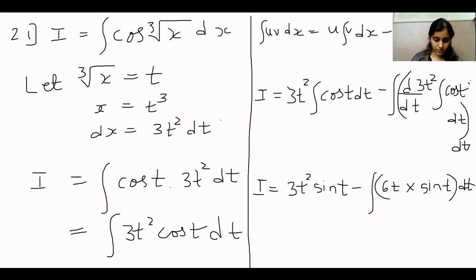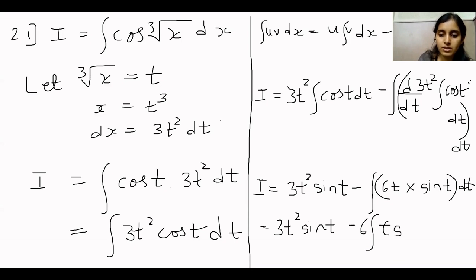Okay, now what do you have to do for 6t sin t? Again, we are going to use the uv rule, that is integral uv dx. So 3t square sin t remains as it is, minus 6 outside, integration of t sin t dt, and we are going to use uv rule for the second integration. So let us do this.